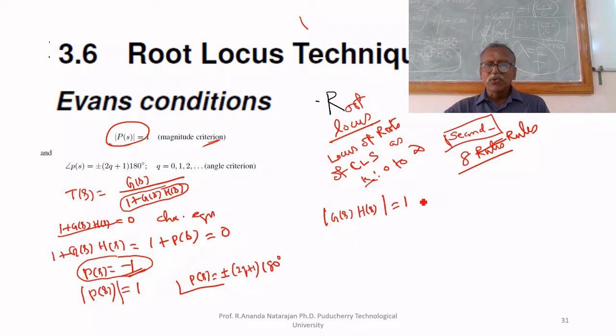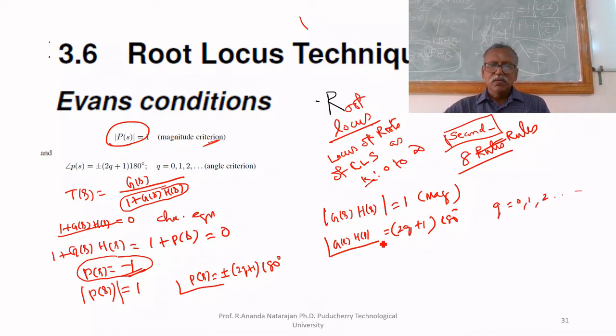That is called the magnitude criterion. Another one is angle of G of s H of s equal to an odd multiple of 180 degrees, (2q plus 1), where q equal to 0, 1, 2, 3, etc.